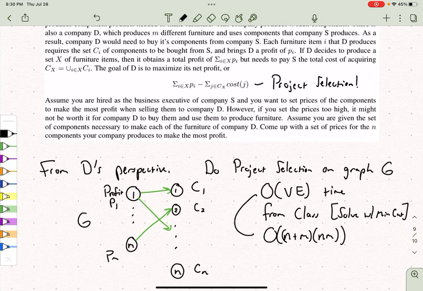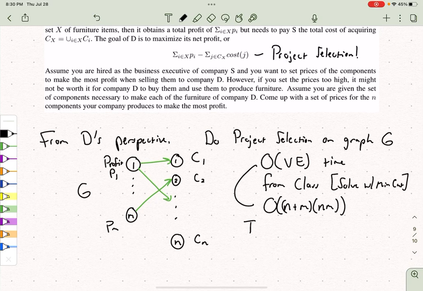So assuming N and M are roughly the same, then this would just be O of N cubed, to give you an idea of what this looks like.